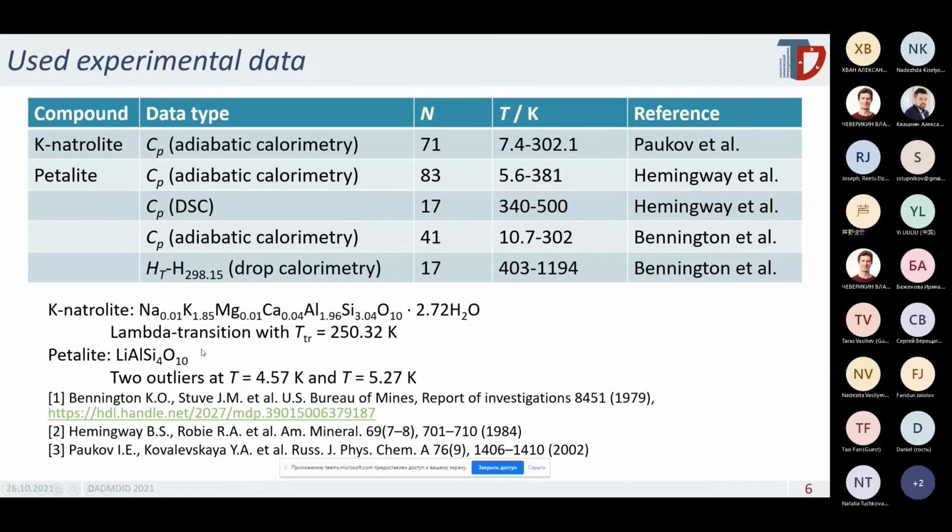In the case of petalite, we have data for both heat capacity and heat content data for higher temperatures. And these data have two outliers at very low temperature. If we don't exclude them, the least squares method won't give us a good approximation.